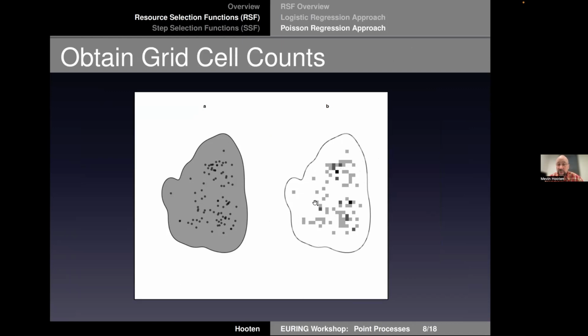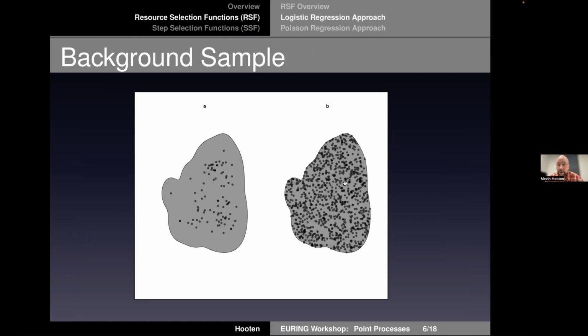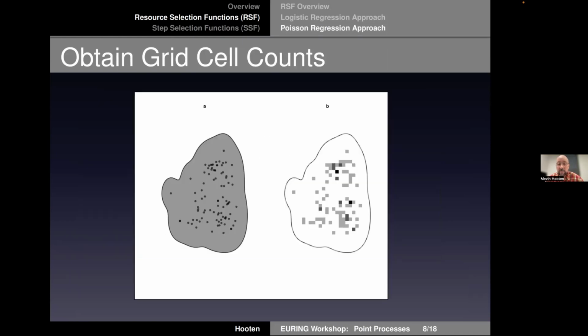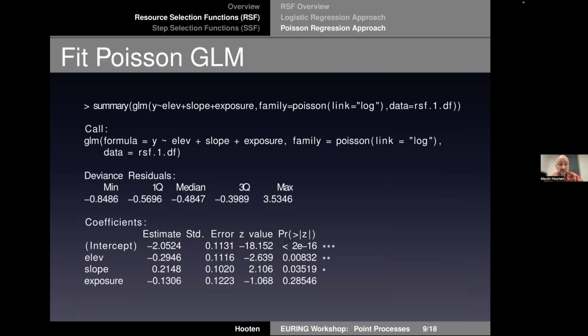And then for the grid cells that are gray or slightly darker colors, black, those would be higher counts. And we could model this with a Poisson regression instead. It's all the same thing asymptotically. As the grid cells get small, or as the background sample size gets large, in this case, you can do this in these ways and they'll give you the same results. And I'll show that to you now.